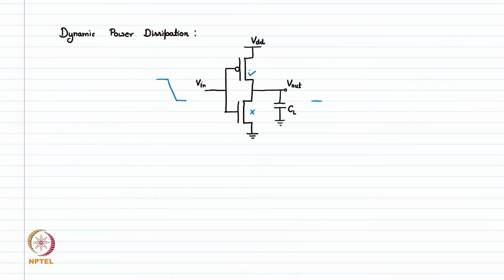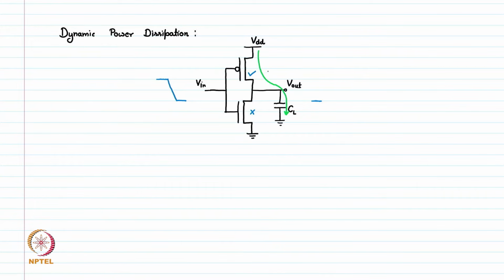So when PMOS turns on, this output node V out will start charging from the VDD. So there will be a current flowing from VDD to the output node and going to the load, from VDD to CL.